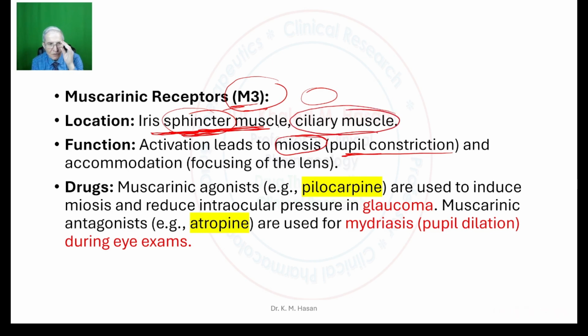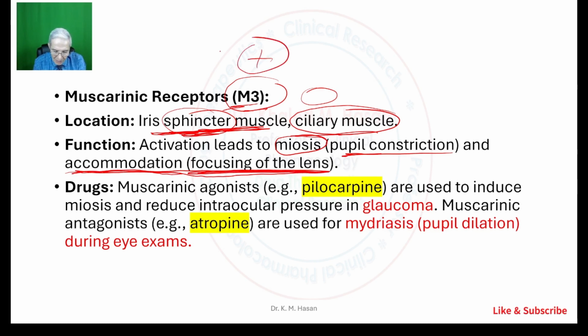So we have spasm of ciliary muscle, and the person becomes unable to focus and unable to see, and we can call it spasm of accommodation. So unable to focus by using their lens, for example. So two main issues: miosis and spasm of accommodation happen with the activation of M3 receptor.